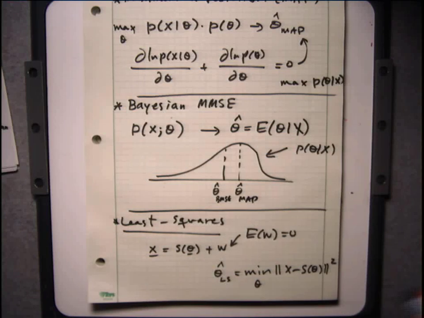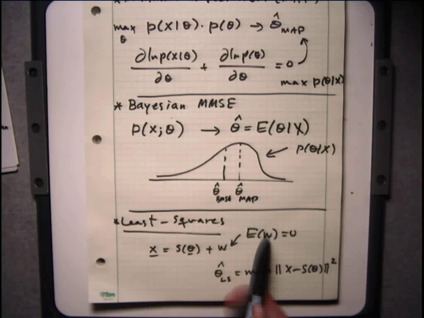So they coincide. However, I didn't need to make that assumption in order to write this down. I just picked the criterion to minimize, which is why this is called least squares. All I need for this to be a reasonable criterion is that the expected value of w is equal to 0.